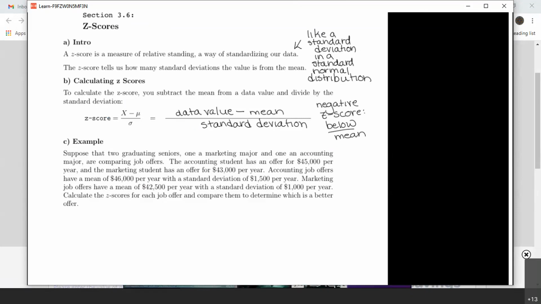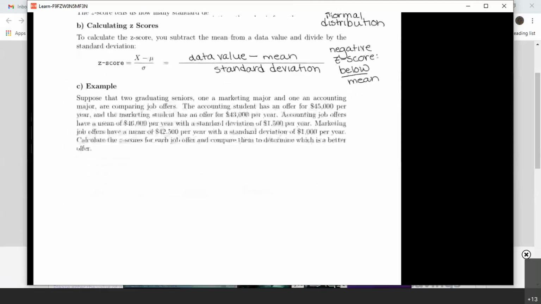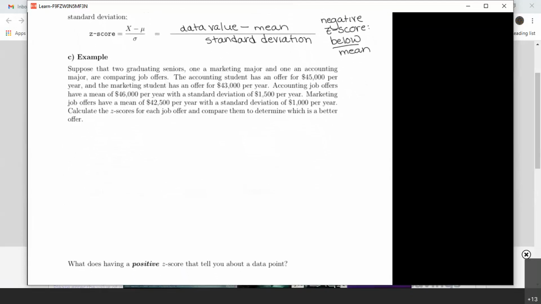So let's take a look at what z-scores can tell you. Z-scores are particularly useful in descriptive statistics when you have two different distributions and you want to compare scores in the different distributions. Here's an example. Suppose two graduating seniors, one a marketing major and one an accounting major, are comparing job offers.